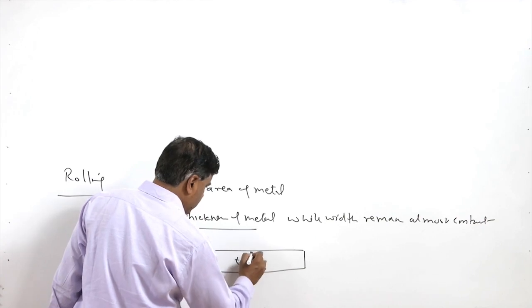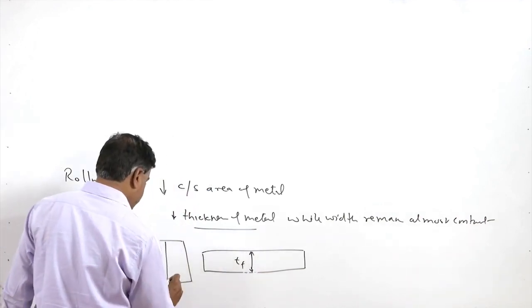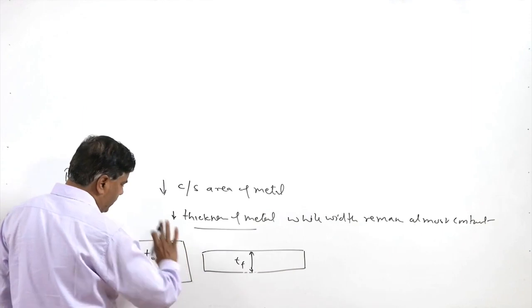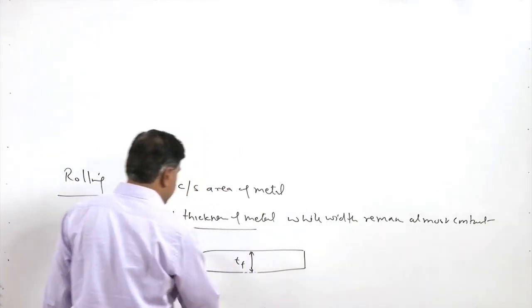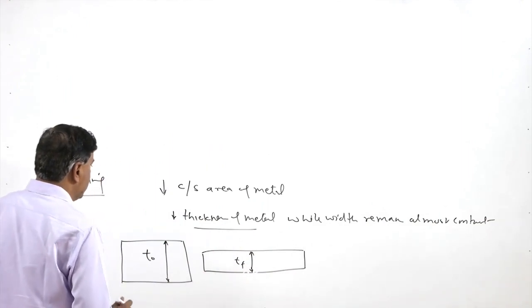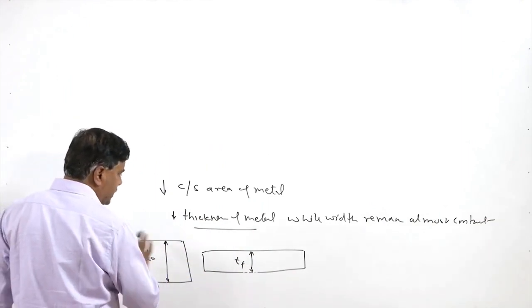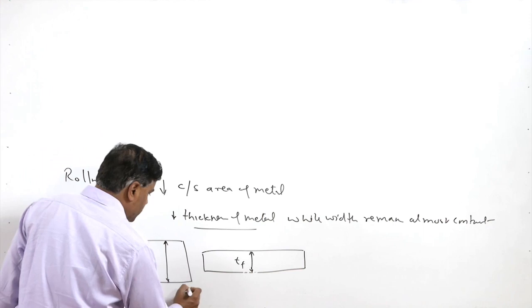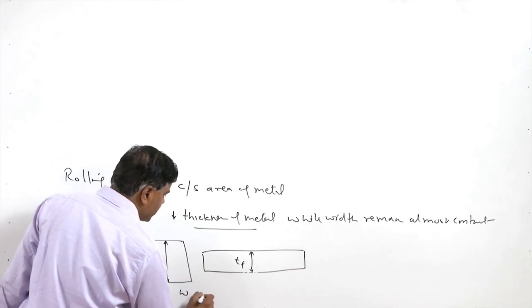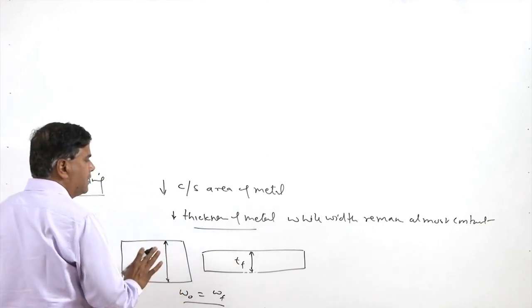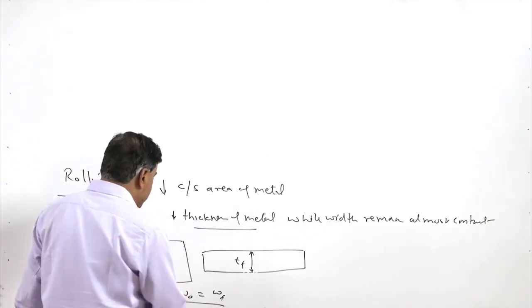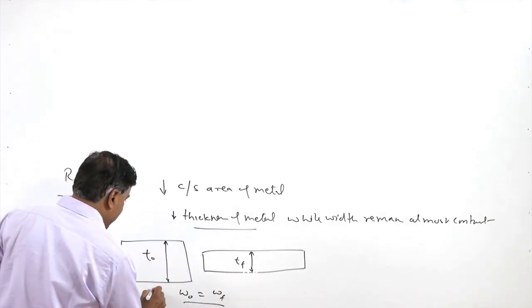T naught is the initial plate thickness and Tf is the final plate thickness achieved after the rolling. Whenever this is carried out, W almost remains constant, W naught and Wf in both the cases, but there is a significant increase in length.